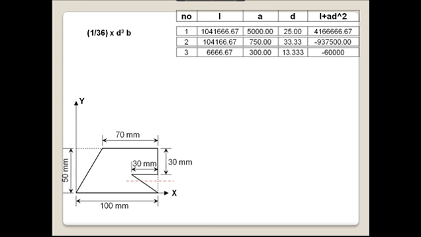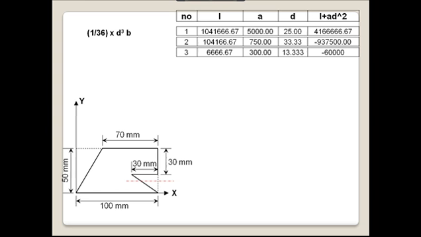The reason is simple: the base of the triangle is 50 minus 30, that is 20, and the distance of the red dotted line from the bottom x-axis is 2/3 of 20, which is 13.33. Then we do I plus AD square and you get minus 60,000.